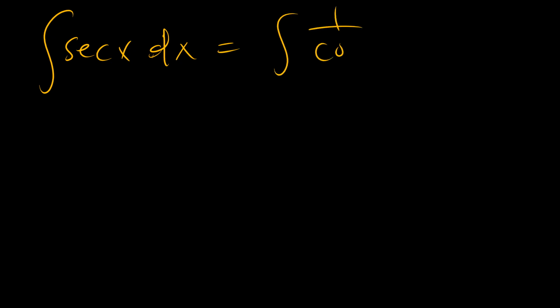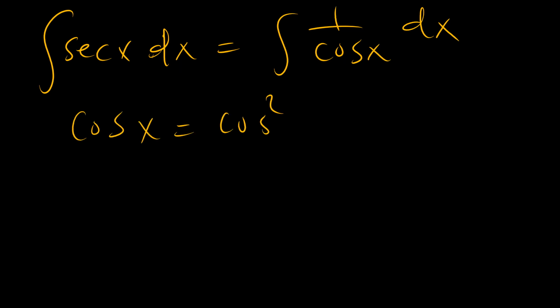This is our problem. The integration of sec x, which is the same as the integration of 1 over cosine x. Now cosine x is the same as cosine squared x over 2 minus sine squared x over 2, right?